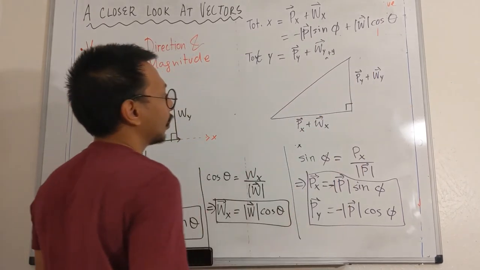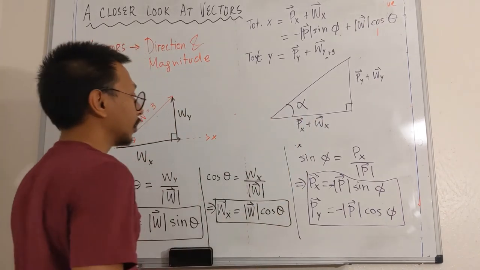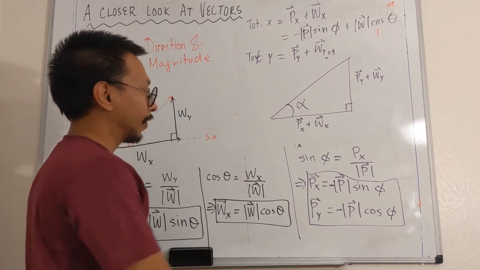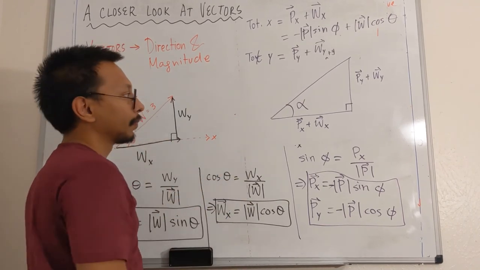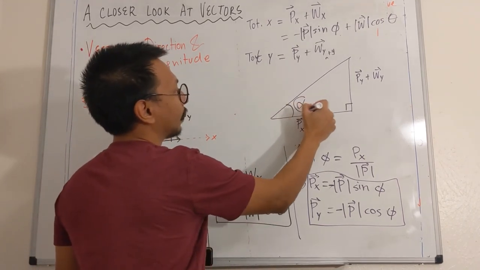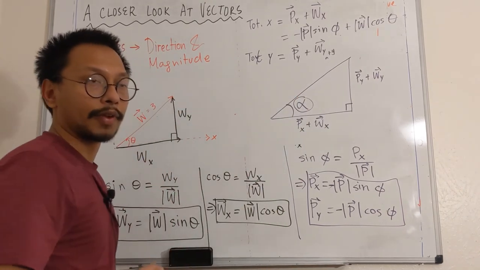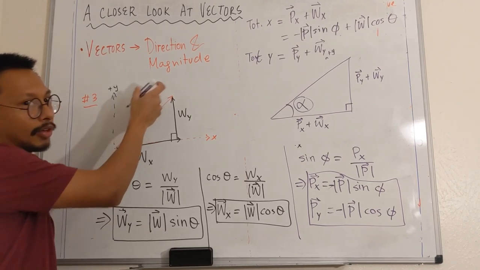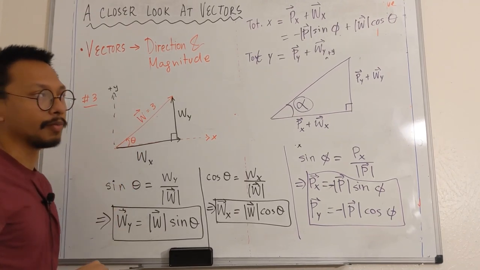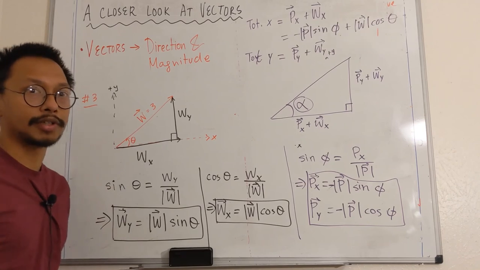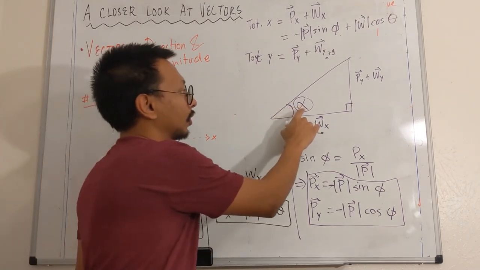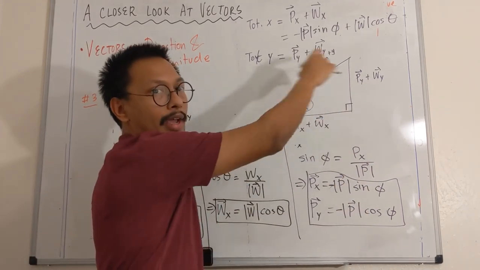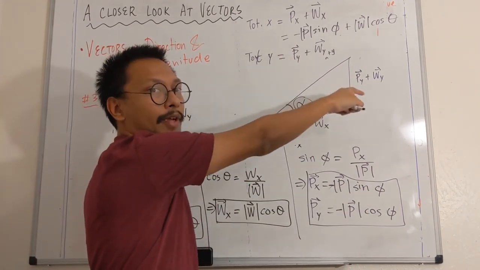making a right angle triangle, and let's call this angle alpha to show that alpha is actually different from either theta or phi. So this alpha is the direction of the vector, because remember, whenever you say that the vector is at an angle, that automatically means you're giving a direction to that vector. So this alpha would be the direction for the new addition of the vectors.